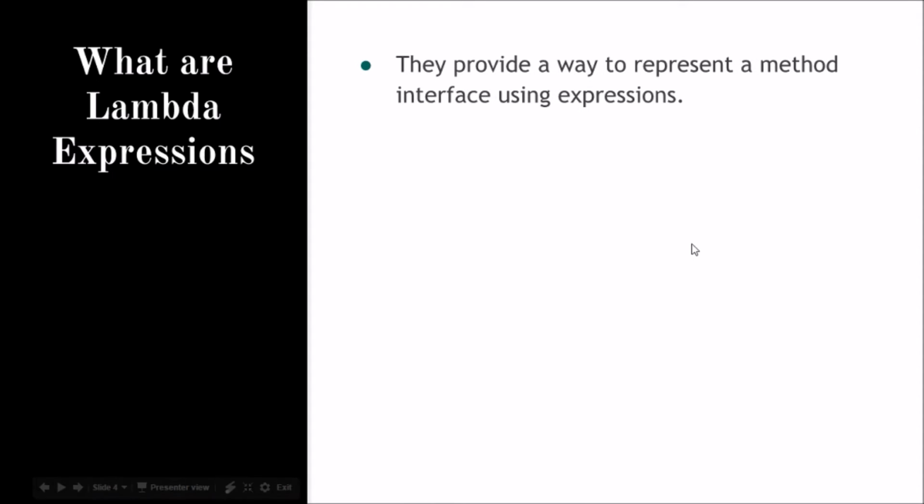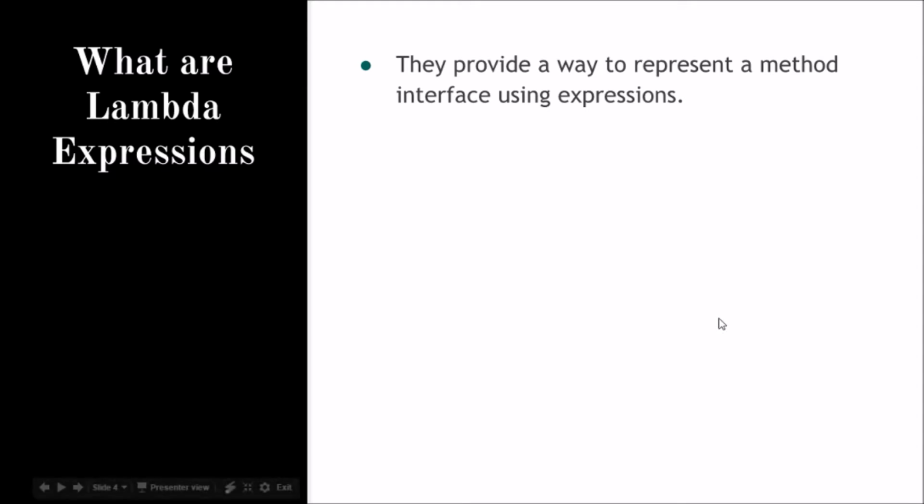So what are Lambda expressions? Lambda expressions provide a way to represent a method interface using expressions. That is the definition, but in simple terms, using Lambda expressions you can represent the code which is getting implemented in a method using simple expressions.